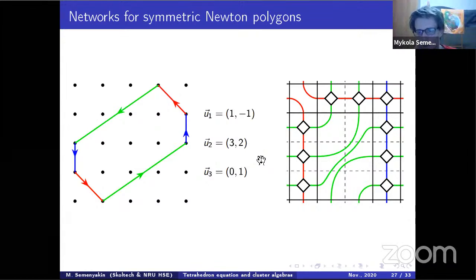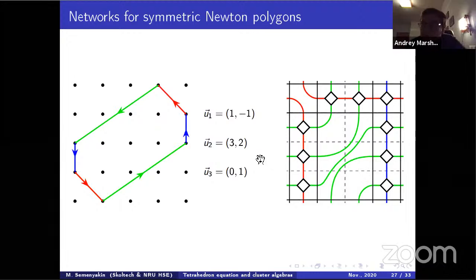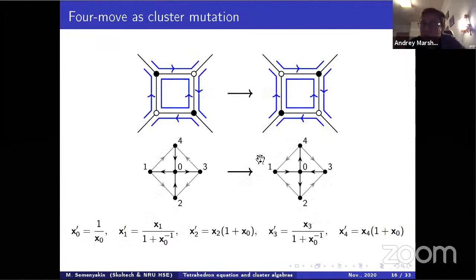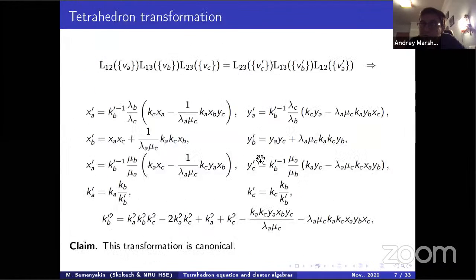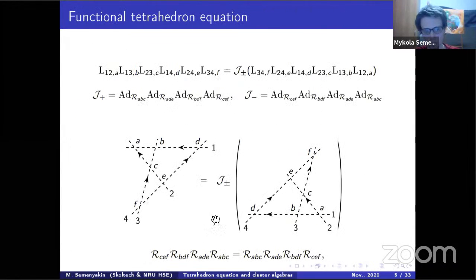Yes, associativity condition is quantization of the Jacobi relation. But that's Yang-Baxter, and not tetrahedron. The tetrahedron is something more detailed. And here, this is like an associativity condition for a product of 6 Lax operators.